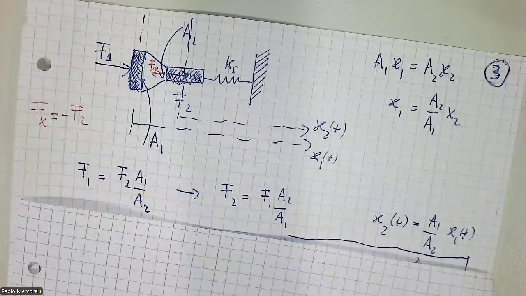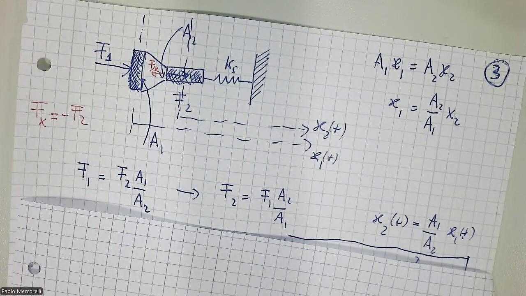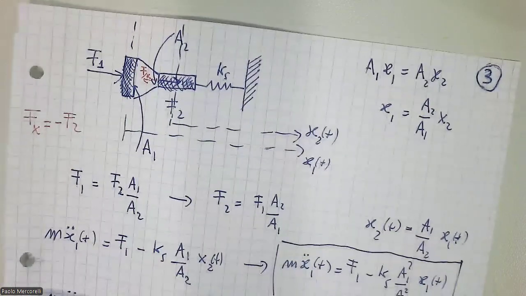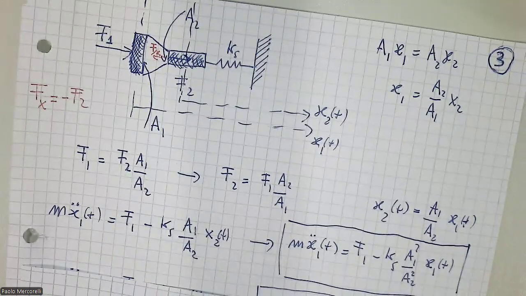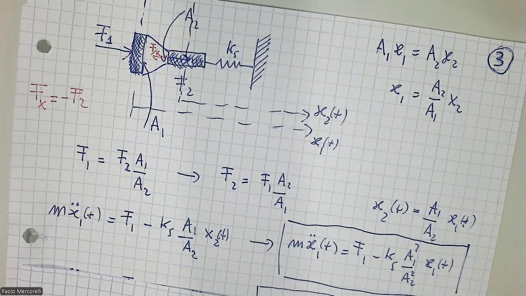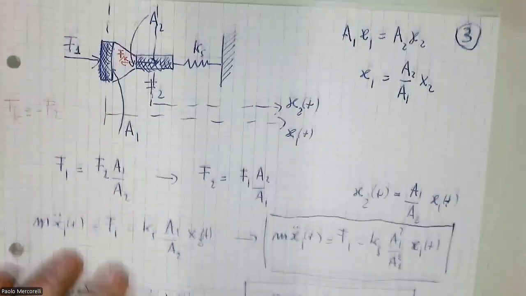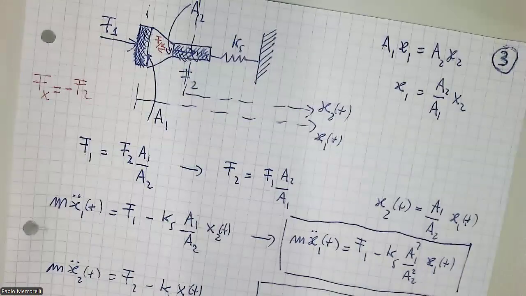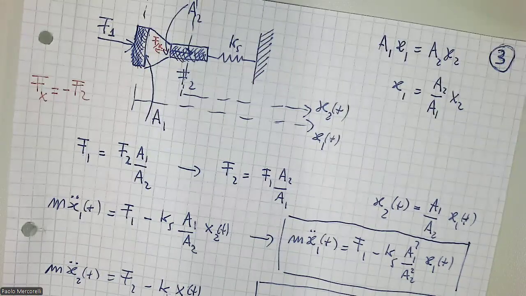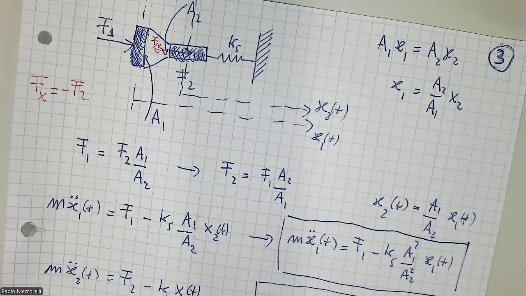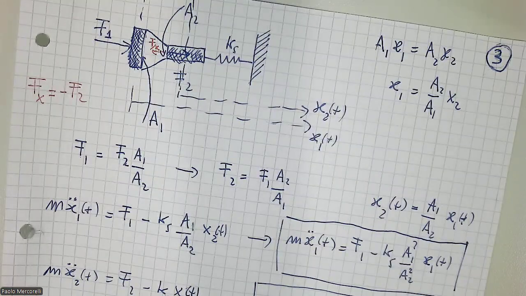Do you remember, I tried to clarify what happens in this kind of question. Now, please pay attention. Easy question at the beginning. Try to express the dynamic of x2 as a function of the force F1.